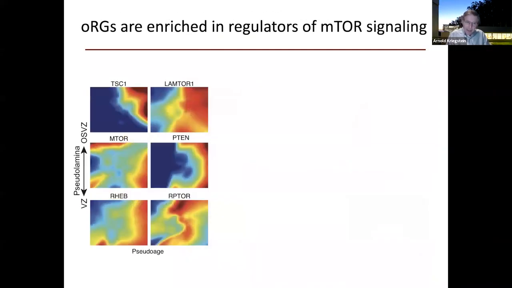Another pathway that the outer radial glial cells are enriched in is the mTOR signaling pathway. That's shown in a different way in these maps, which are spatial time-related maps that highlight the expression of these different genes, which are all part of the mTOR signaling pathway in outer radial glial cells.